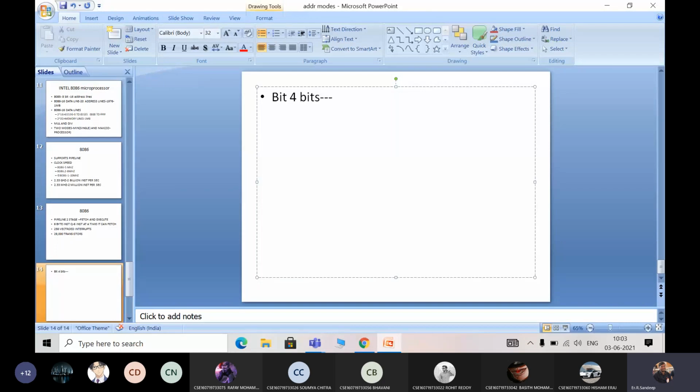Suppose you take any microprocessor which has 4 bits. The memory is calculated this way: the information we read is in the form of binary, and binary has 0 and 1, which is 2 numbers.